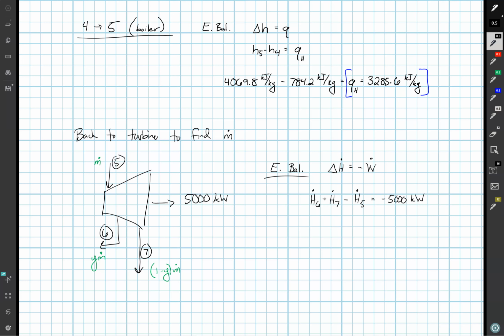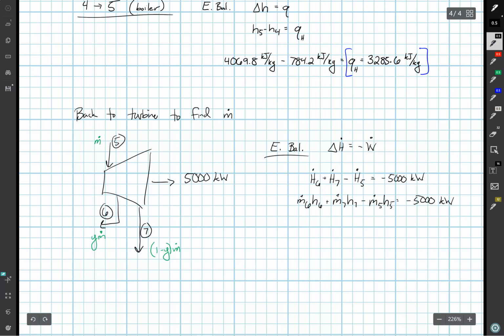Now we simply have to plug in what these are. So this is m dot 6 h6 plus m dot 7 h7 minus m dot 5 h5 equals minus 5,000 kilowatts. We've already figured out what all of these different mass flow rates are, at least in relation to each other. I'll plug in numbers because we know y is 0.202.